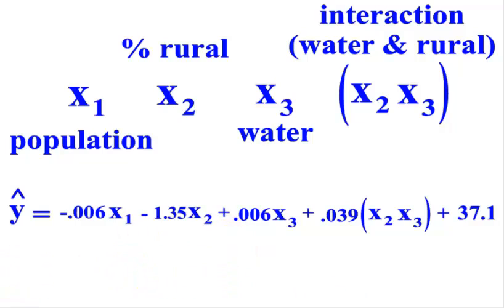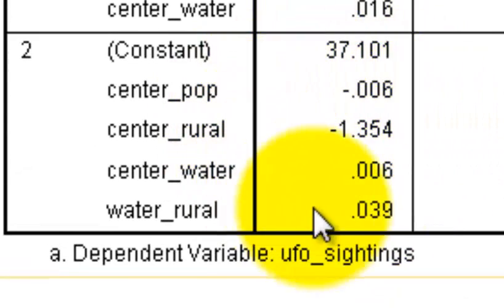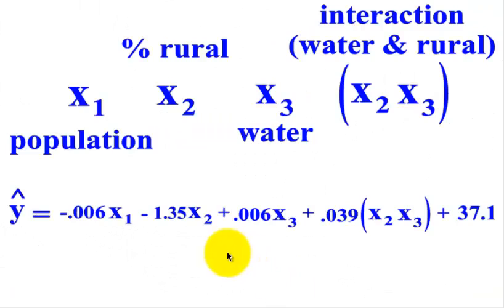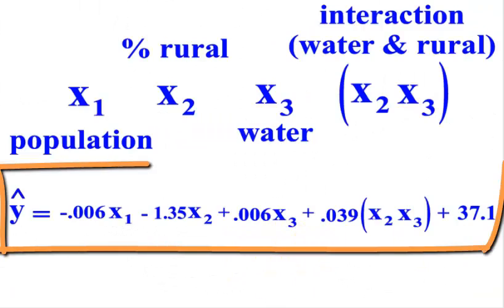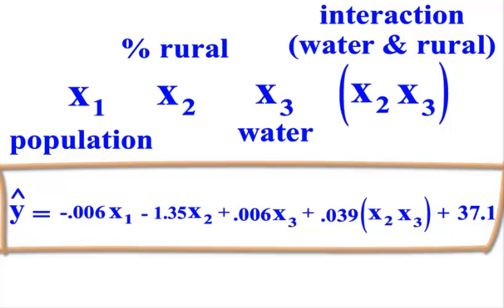Okay, let me show you those terms again. These are the B weights we're using in this regression model. So there's your model itself, and it's a pretty strong model. Remember, it's got about a 36% variance explanation rate.